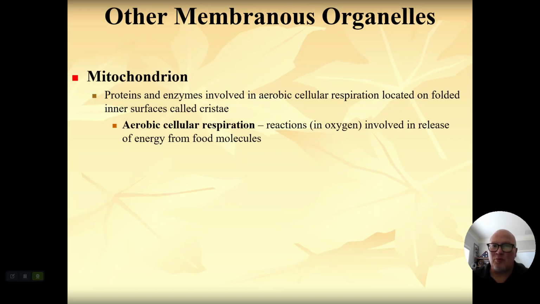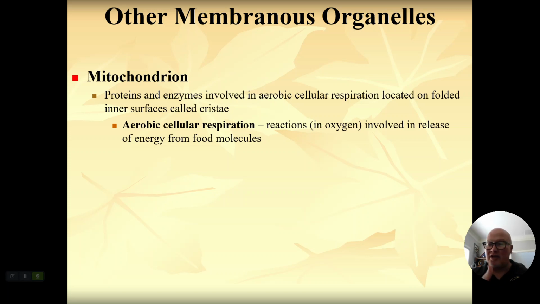We'll talk more about these in the cell lecture. But a mitochondrion is the membrane-bound organelle responsible for taking sugars, not even glucose, but a sugar called pyruvate, which glucose is broken down into before it goes into the mitochondrion.